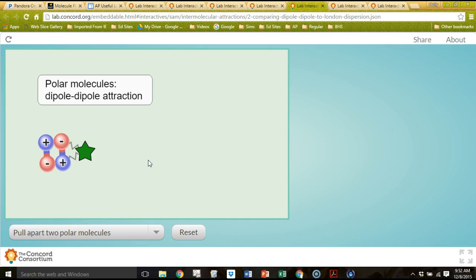What temperature will that happen at? Again, the stronger those attractions, the higher the boiling point, lower the vapor pressure, etc.